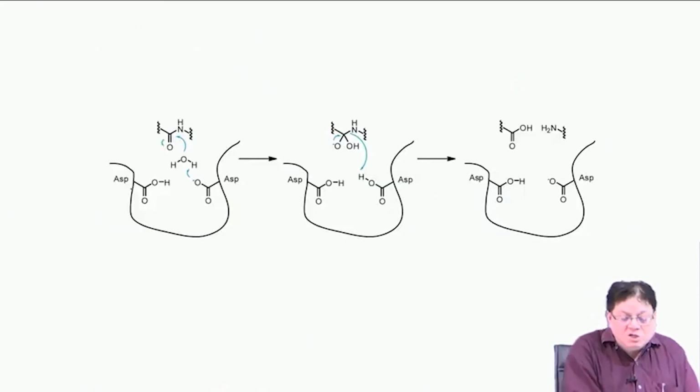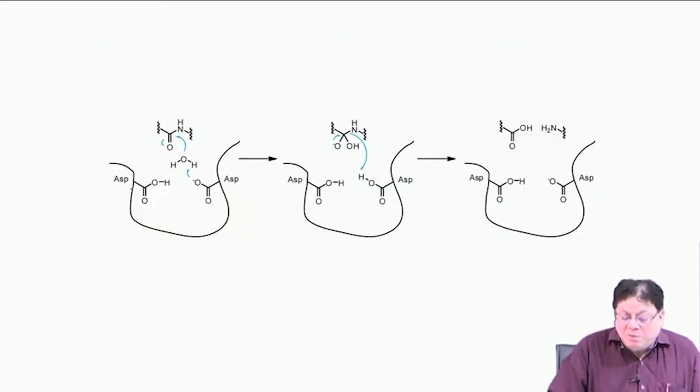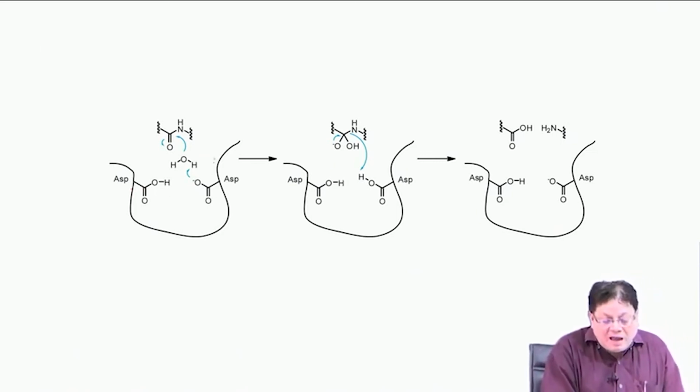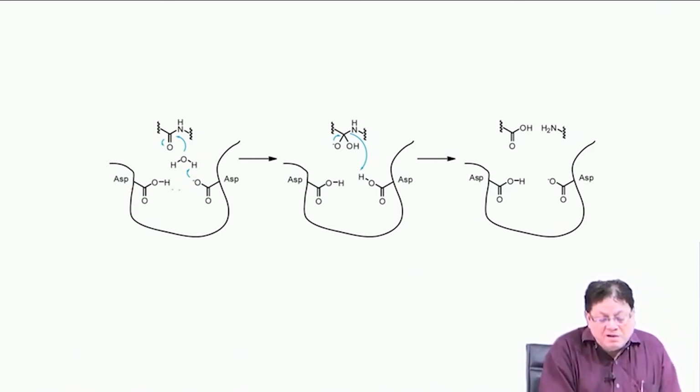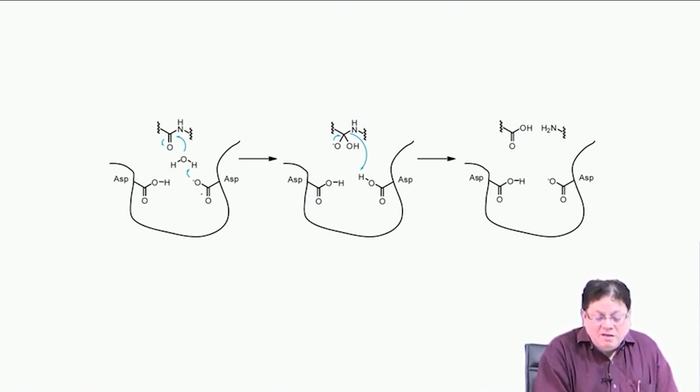Okay. And the last one is what is called aspartyl protease, where in the active site there are two aspartate residues. One residue is present in the acid form and the other is in the carboxylate form, and you have water.